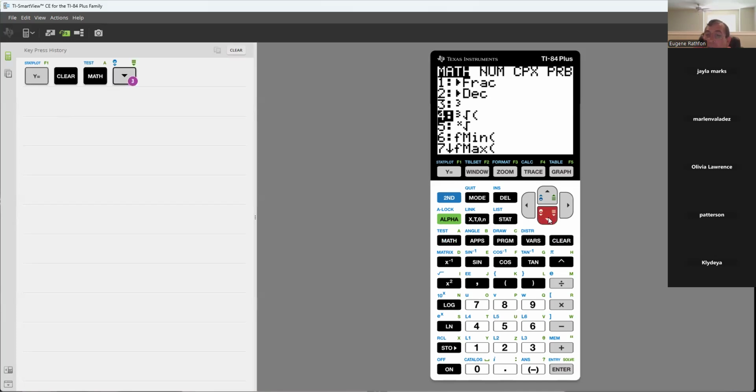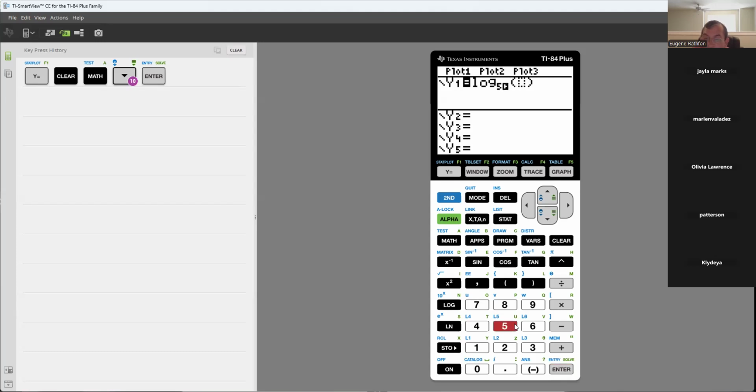You're going to arrow down till you find log base. So that's A on mine. So log base, hit enter. So my base was a 5, and then I had x. So any base other than a 10 or the natural log, you got to use this log base in the math feature, okay? Now, y'all, let's just hit graph and see what we get.